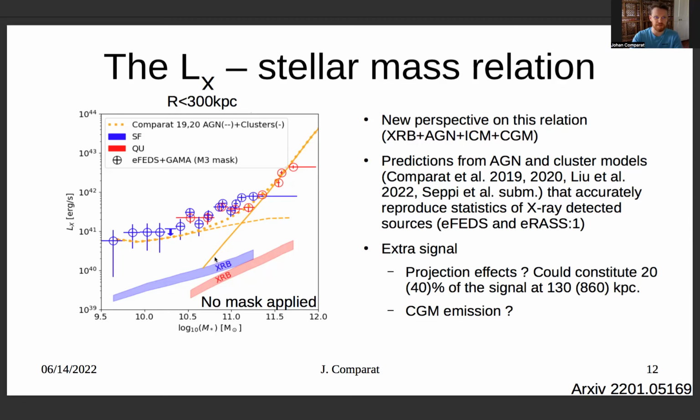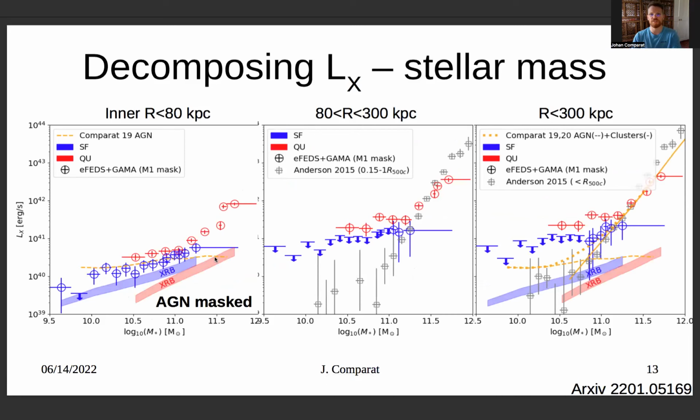already quite accurate. If we decompose this relation and look at the inner 80 kiloparsecs, so really dominated by the point source emission, you see that the AGN prediction in orange lines up very well with the star-forming galaxies. The quiescent galaxies are a bit above, hinting at maybe more hot gas in quiescent galaxies than in star-forming ones.